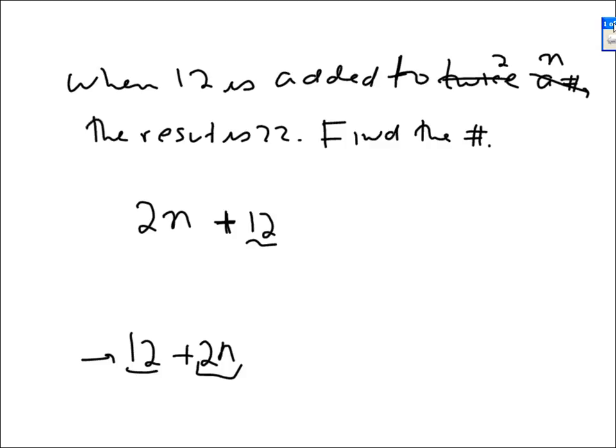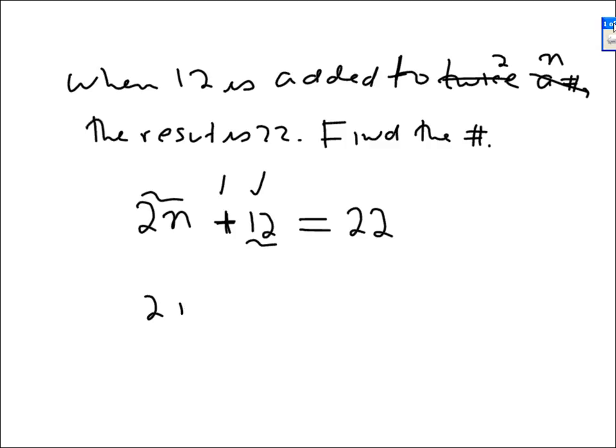When twice a number is added to 12, that's not what it says on top. It says 12 is being added to something. When 12 is added to twice a number, the result is, that means equal, the result is 22. So 2n plus 12 is 22.